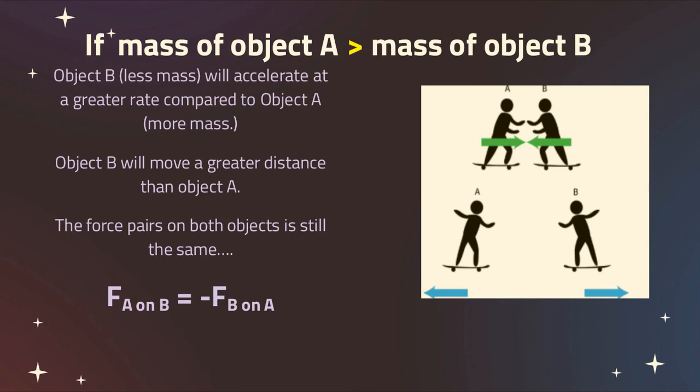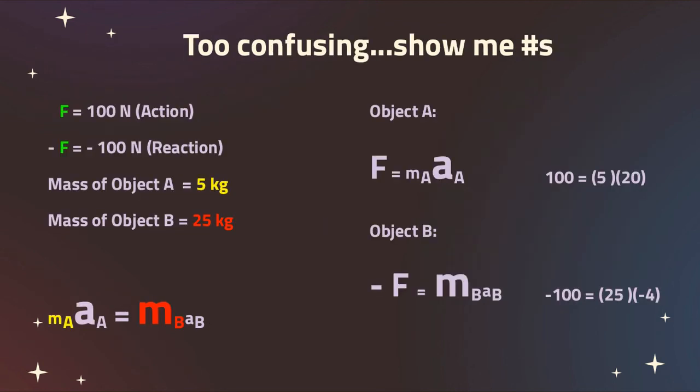Now, this might be a little too many words, so let's just break it down with numbers in the equation. Let's say a force of 100 Newtons is applied. That's your action force. We know that the reaction force would also be 100, but a negative version of it, so it's a negative 100. Let's say that the two objects in place, the first one only has a mass of 5 kg, the second one has a mass of 25 kg.